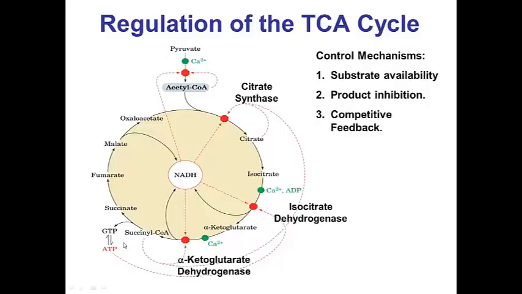So in all of these cases, the enzymes are being inactivated if the cell has enough energy in the form of NADH or ATP, or sometimes by downstream products as well. And these enzymes tend to become more active if the cell needs energy, which is indicated by calcium, indicating that those are actively working cells, or by high levels of ADP, indicating that the cell is low on ATP.